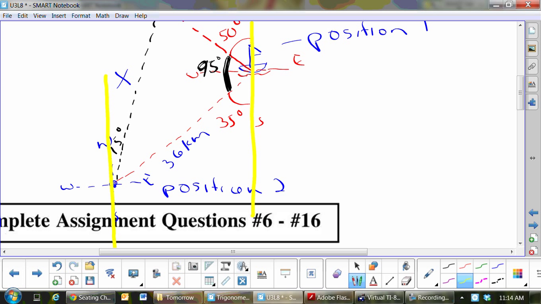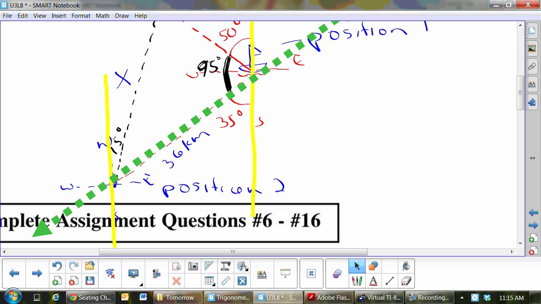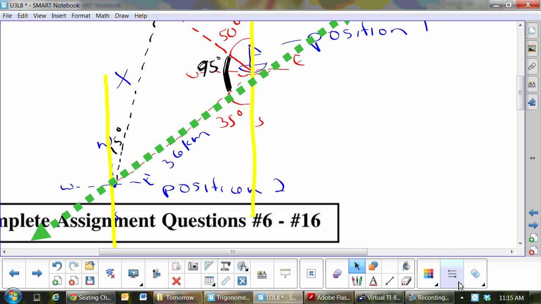Can you see that? They are supposed to be because they run north-south. Then we have a transversal that cuts, you see that? So this angle here should be this angle here. Yep. This entire thing.